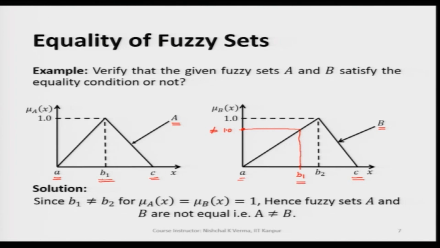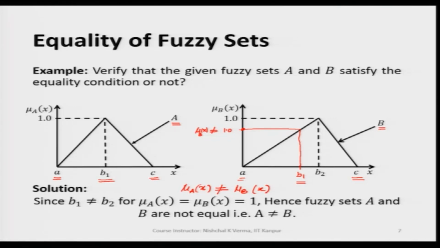Whereas here, we can write this as mu B of x. So, we can clearly see that for the same generic variable value B 1 in both the fuzzy sets, mu A of x is not equal to mu B of x.